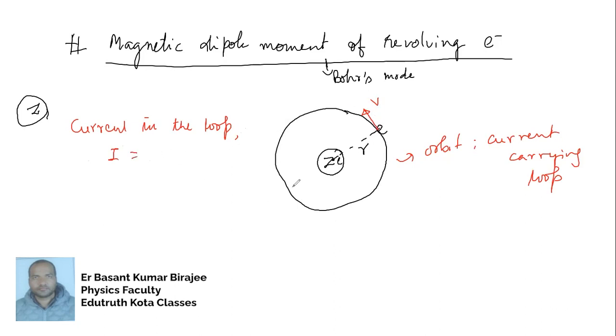We know the time period. Let's take the charge Q that is moving. So the charge is Q, and let's say the time equals the time period, capital T. Charge divided by time interval. If I ask you what type of current this is, instantaneous or average current?